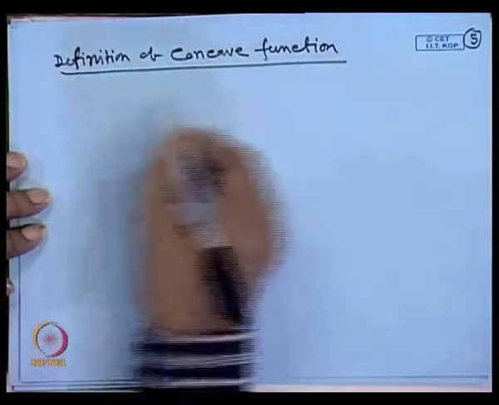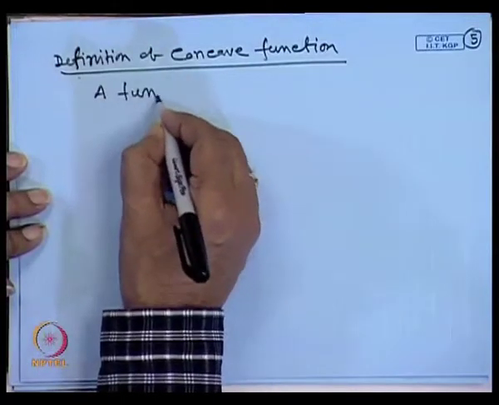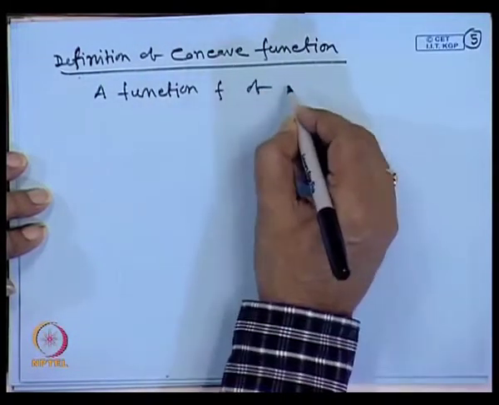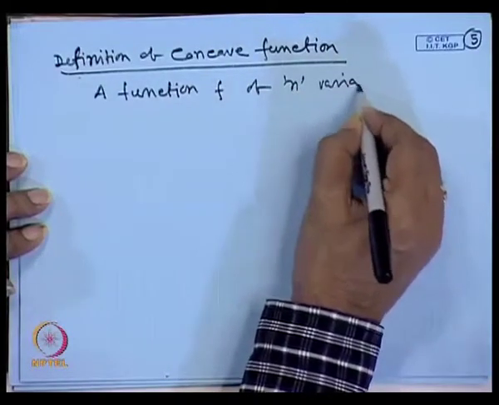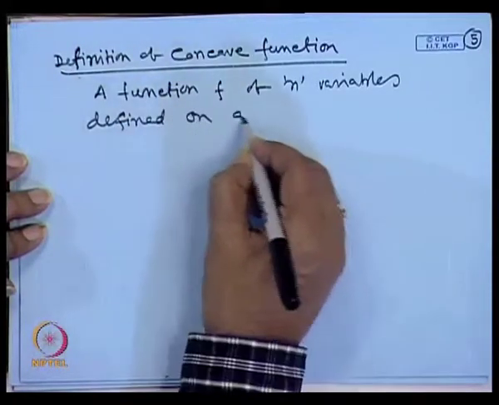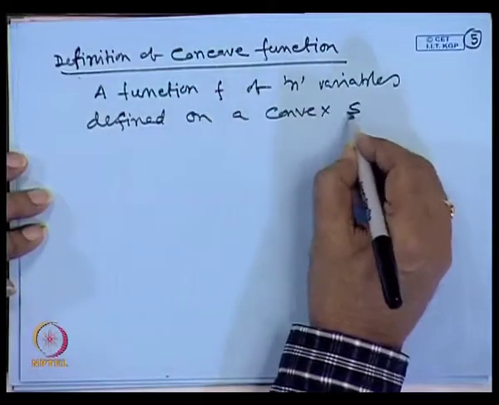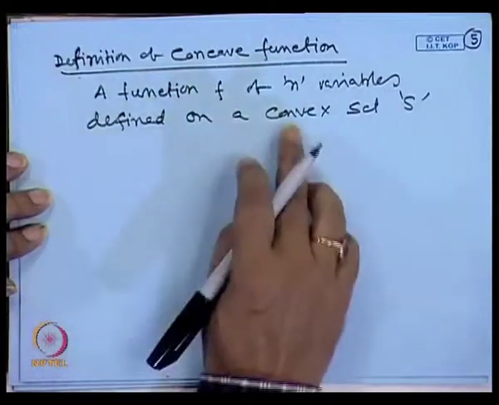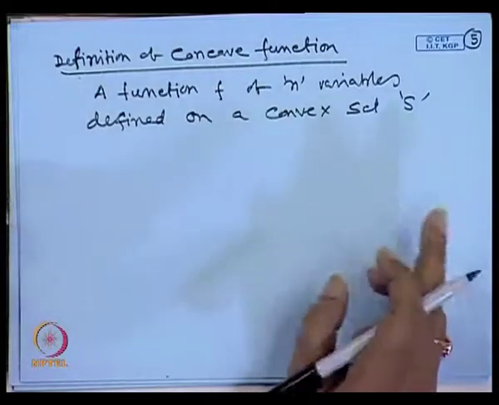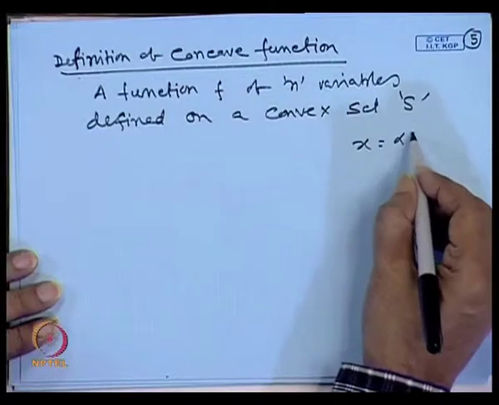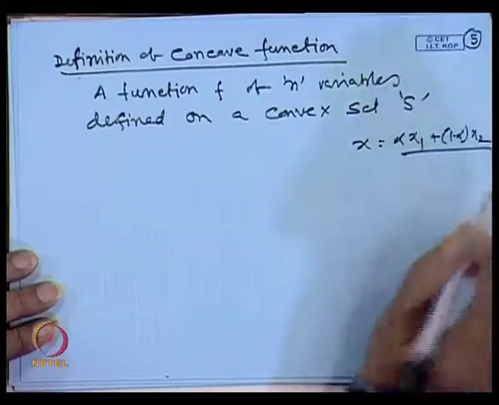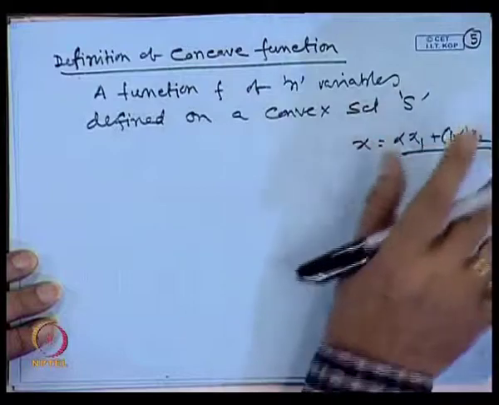So, definition of a function f of n variables defined on a convex set S. If it is defined on a convex set S, then any point X on the set I can express as alpha into x1 plus 1 minus alpha into x2, and if x1 and x2 belong to that set, then it is a convex set.